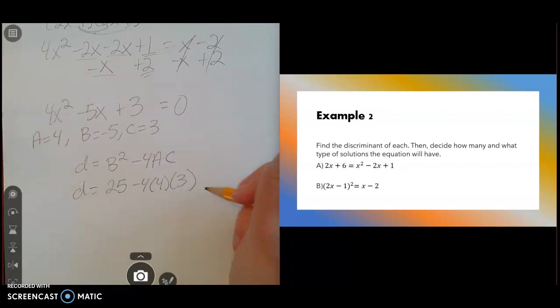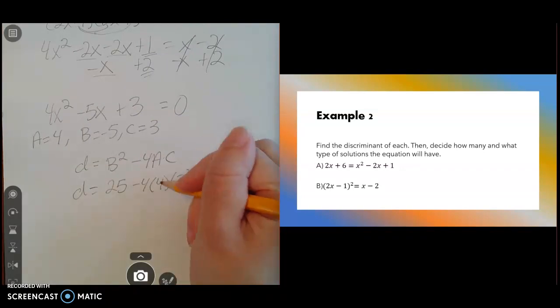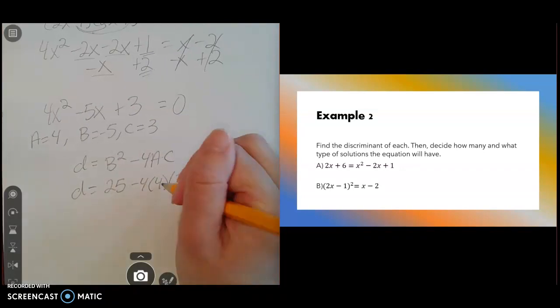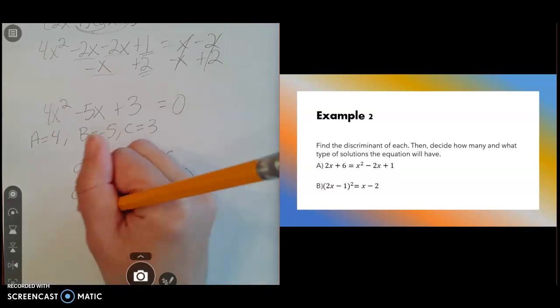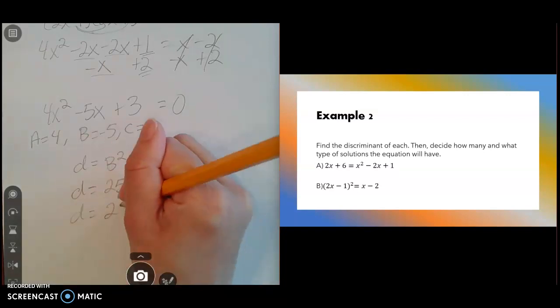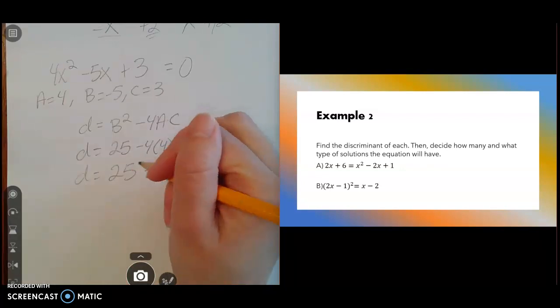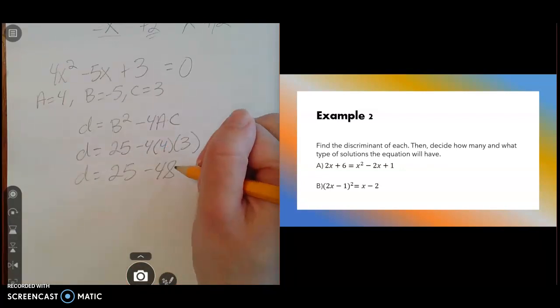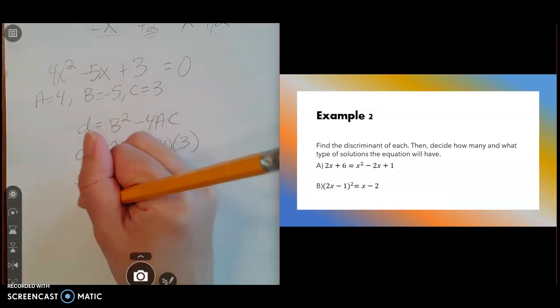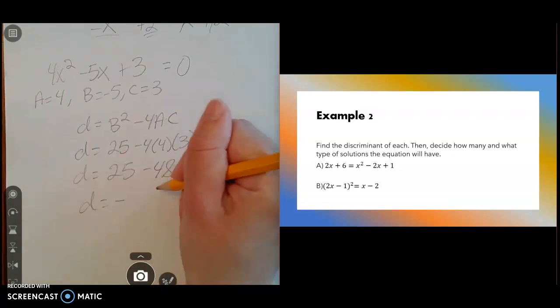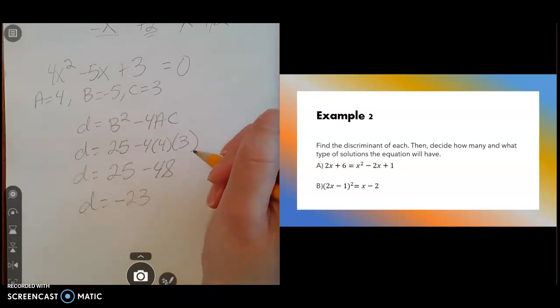And I'm going to do multiplication before subtraction. 4 times 4 is 16, and 16 times 3 is 48. So now I have 25 minus 48. If you do 25 minus 48, we're going to get a negative value. We're going to get negative 23.